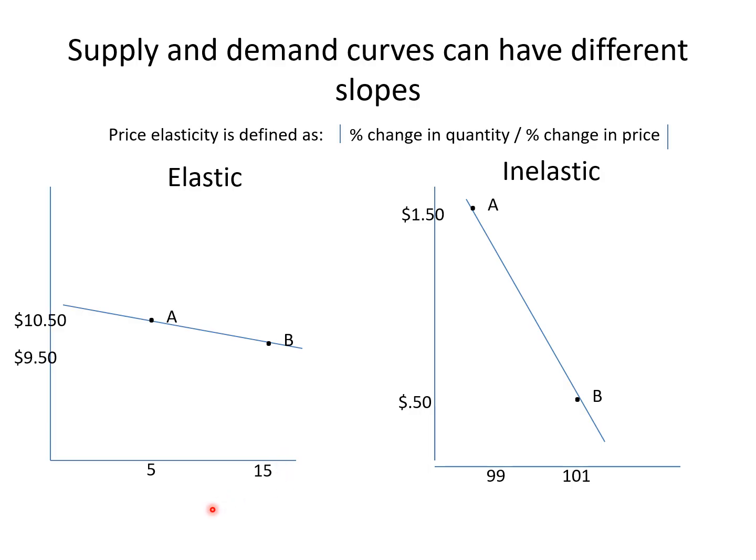In this particular case, the price goes from $9.50 to $10.50, and that causes the quantity consumed to go from point B to point A, and that leads to a large change in quantity. And so the percent change in quantity is larger than the percent change in price, and that's considered elastic.